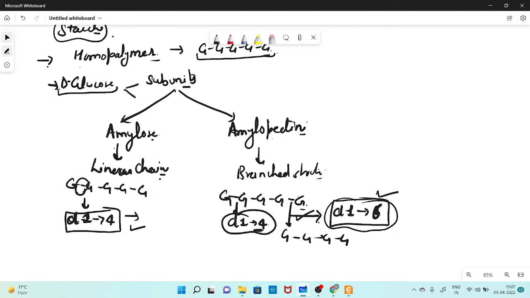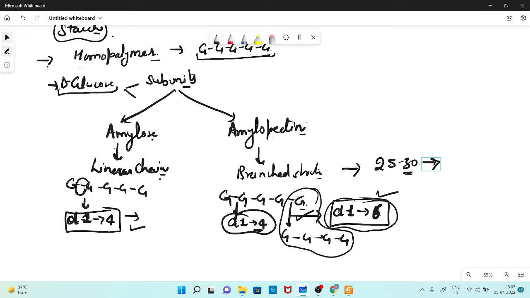Now the question comes, how will this branching get decided, how will it start? In the case of starch, after 25 to 30 sugar molecules, the branch formation will get initiated.